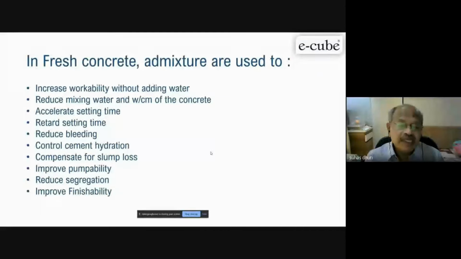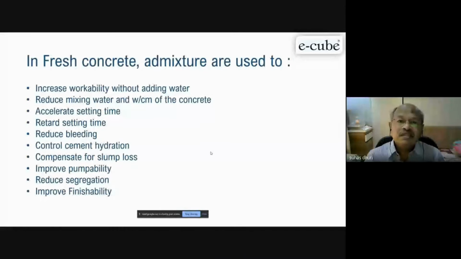If you ask any engineer what the initial setting time of concrete is, he always says 30 minutes. But the setting time of cement is different, and the setting time of concrete is totally different. One has to understand this phenomenon. When we talk about the fresh properties of concrete, we'll discuss the setting time of concrete in detail. So this setting time can be retarded, maybe 6 hours, 8 hours.